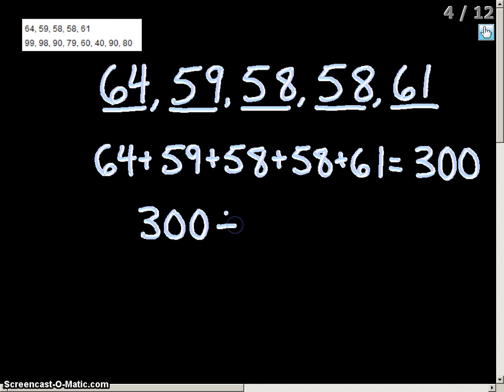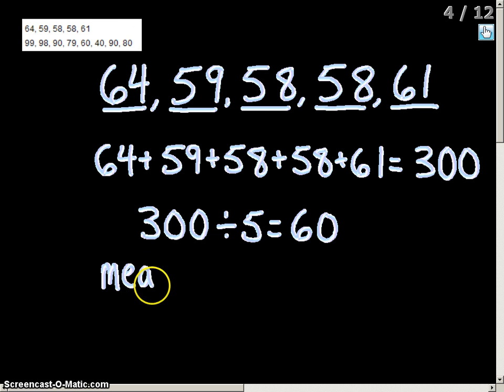I take 300 and divide that by 5, and 300 divided by 5 is 60. So the mean for this set of data is 60, or I could say the average of my numbers is 60.